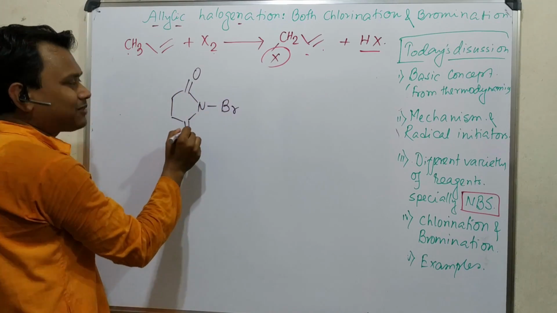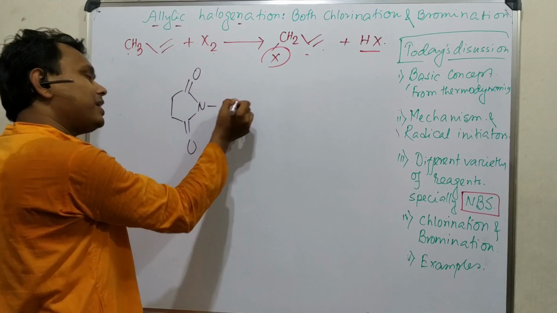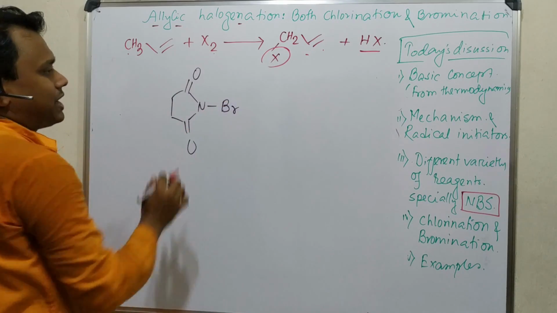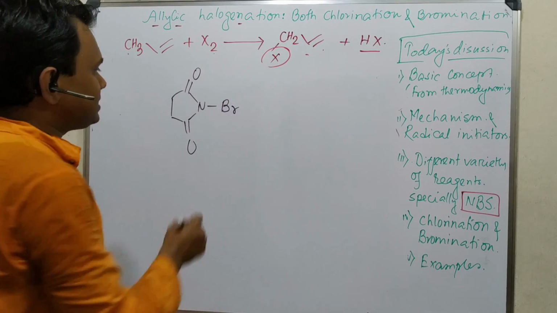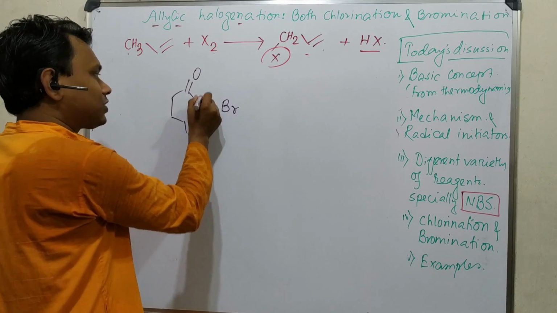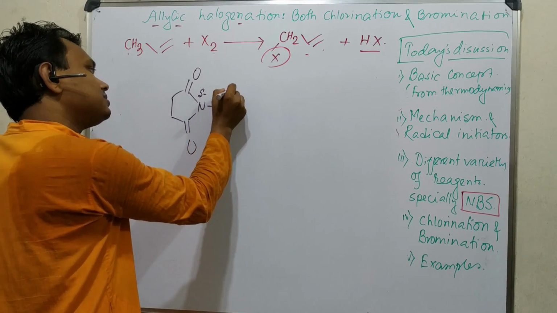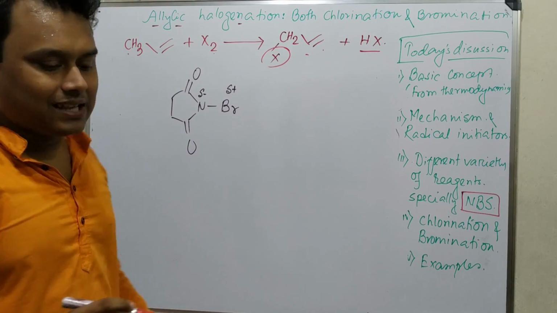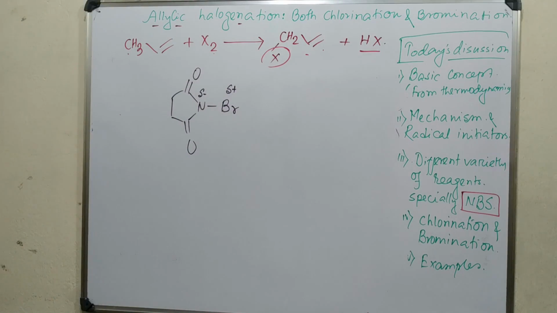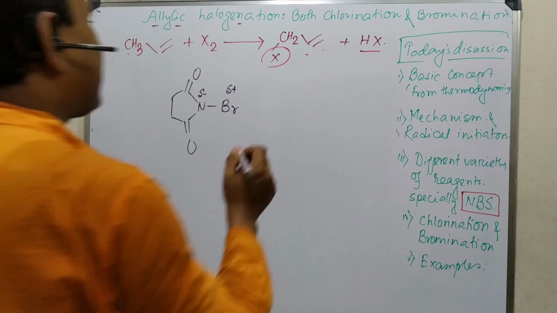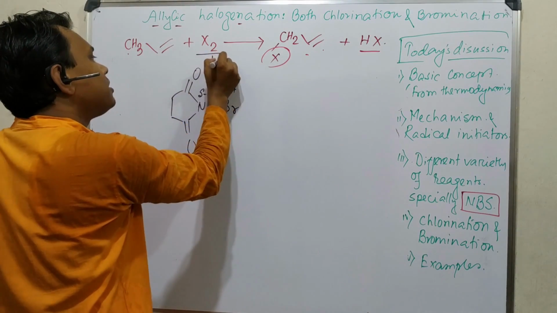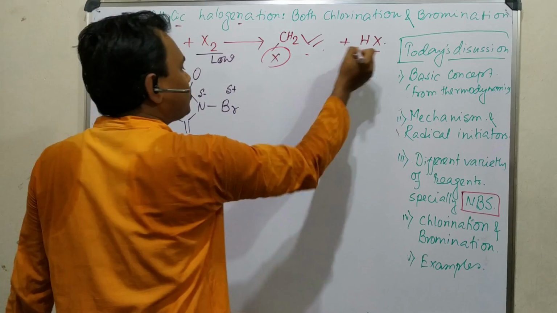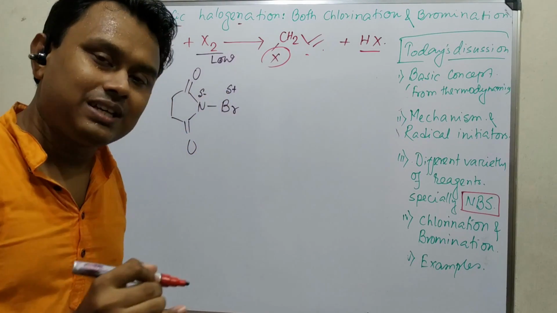This is derived from the 4-carbon succinic acid, its corresponding amide is produced, and bromine is attached. What is the uniqueness of this reagent? You can see nitrogen is more electronegative, so this is delta minus and this is delta plus. This is the interesting thing. And second, as we have explained, low bromine concentration, low halogen concentration prefers the allylic one, and exactly the same thing is done by NBS.